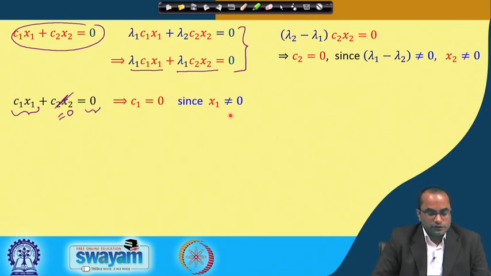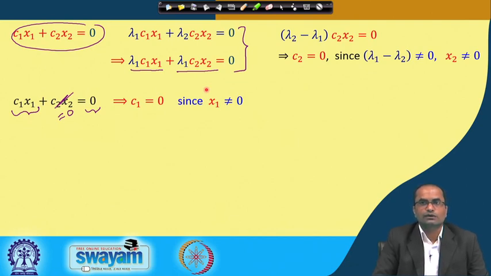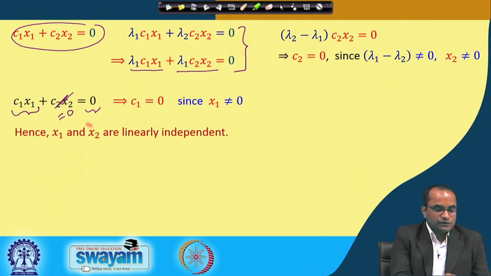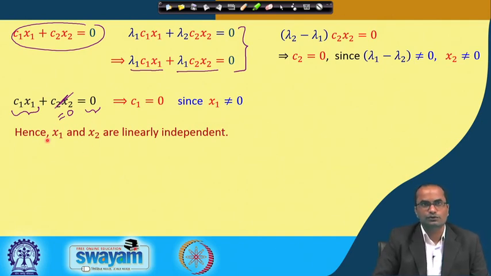So, with this we have C 1 equal to 0 and C 2 equal to 0, and that was the aim: to show that in the linear combination C 1 x 1 plus C 2 x 2 equal to 0, this is possible only when C 1 is 0 and C 2 is 0, meaning that these eigenvectors x 1 and x 2 are linearly independent.